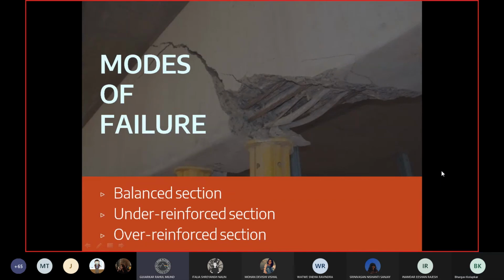So it's not total failure. But the thing we were discussing, concrete should hold the reinforcement. At this point it is totally loose. There's no bond. The connection between the concrete and steel is gone.